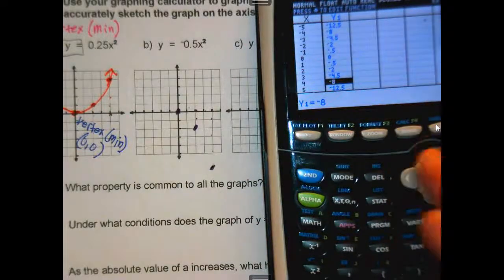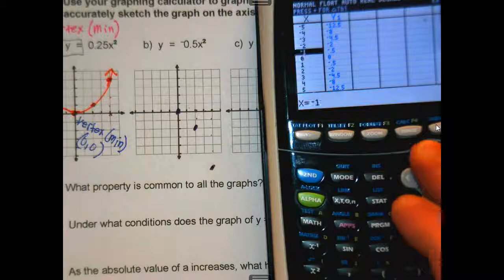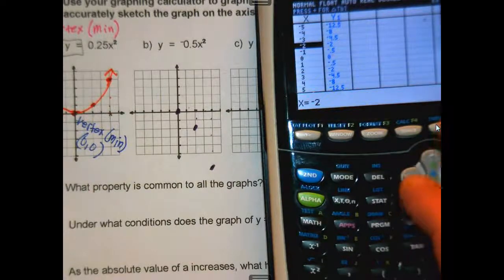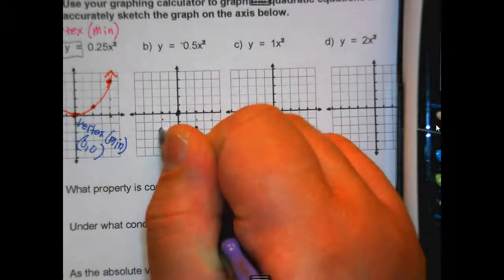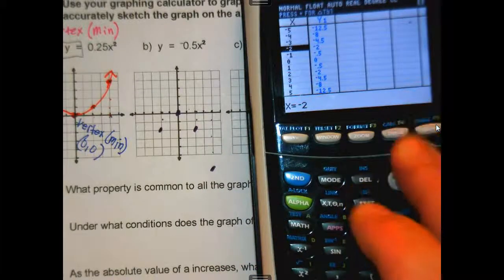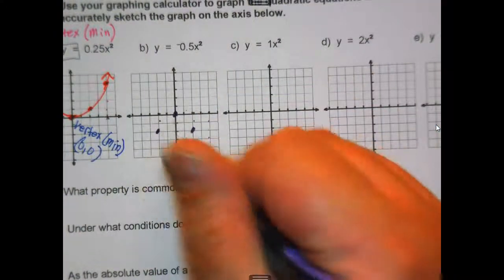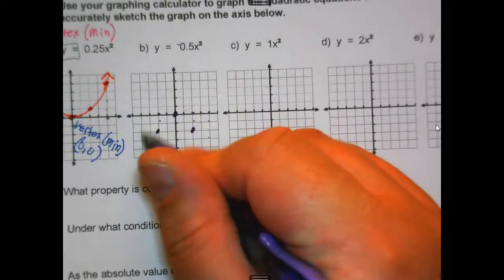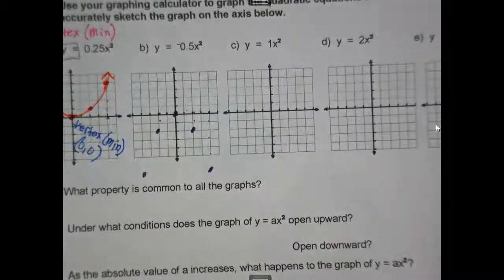Okay. And then I'm going to go ahead and pick up some negative numbers for my x. Again, I'm going to use negative 2, negative 2. And I should have negative 4, negative 8, which is going to be negative 4, negative 8 down here.